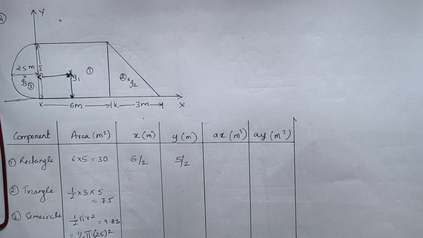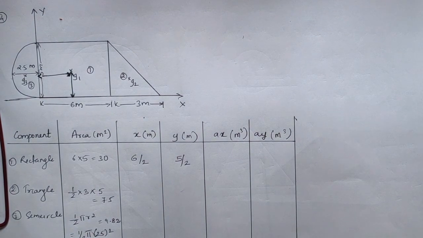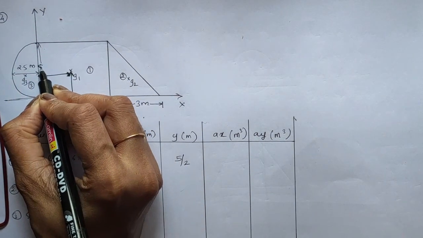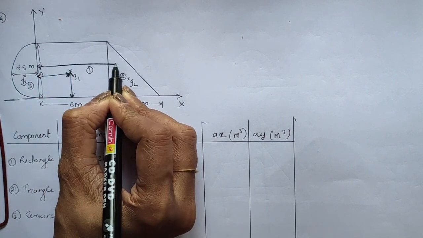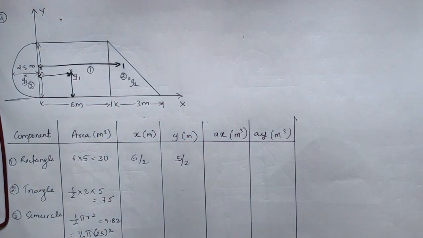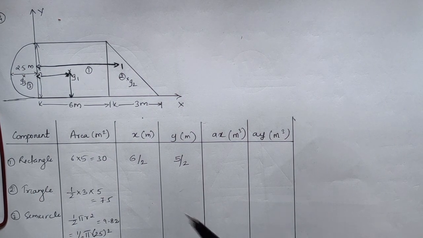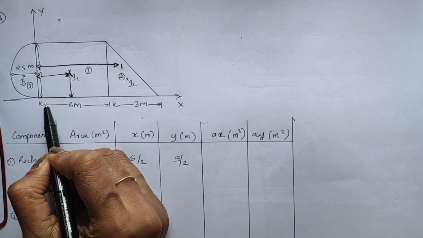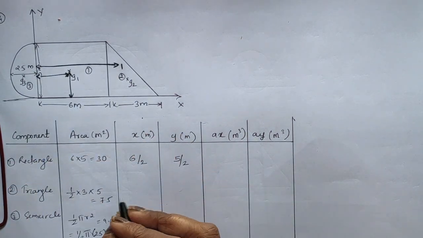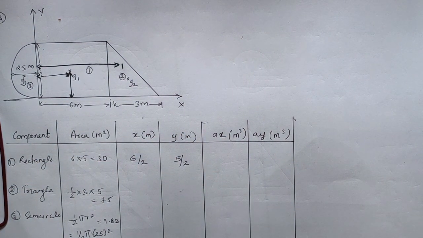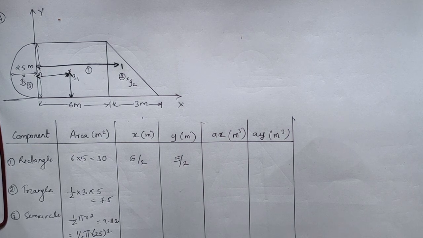Now next we have the triangle. The triangle x distance means I need the distance from this particular axis till G2. To find the x distance for the triangle, not just this distance, you need to add the 6 meter also along with that. Remember, you always need to find the distance with respect to the reference axis, either the given one, or if it's not given, you have to draw your own reference axis.